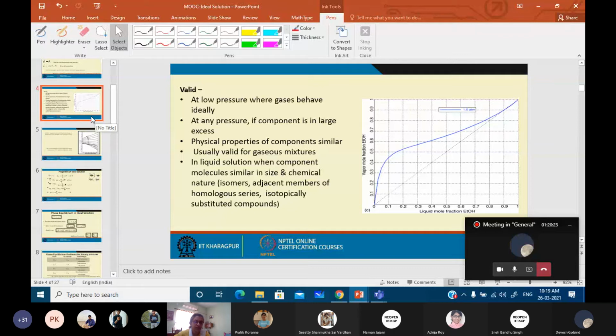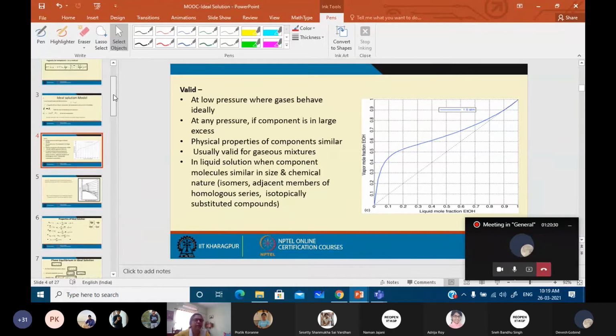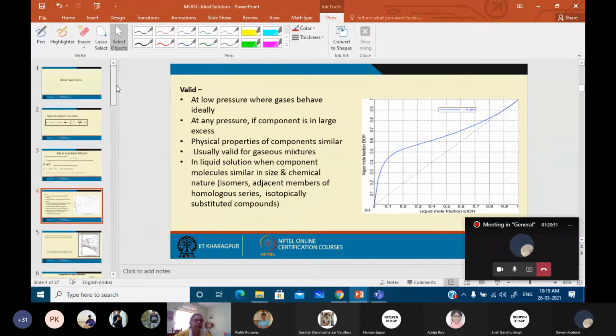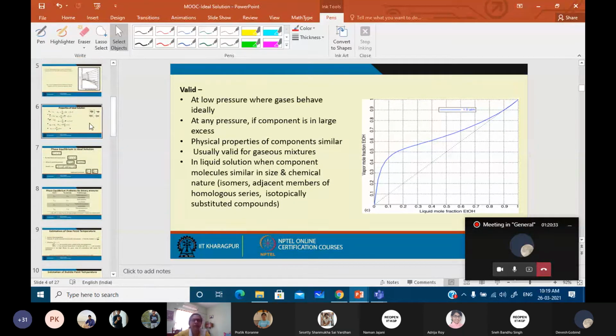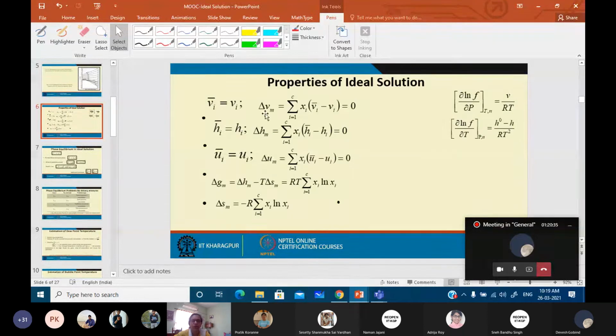So the forces of attraction and repulsion in the pure state and in solution are close. Accordingly, these components mix without any change of volume, without any change of enthalpy, without any internal energy change, and the mixing is spontaneous, which I have told you.